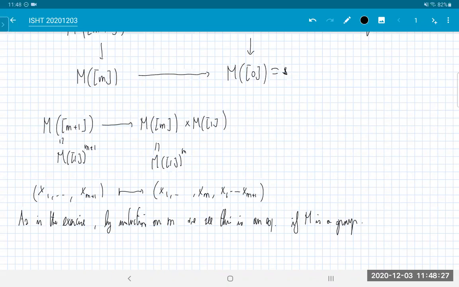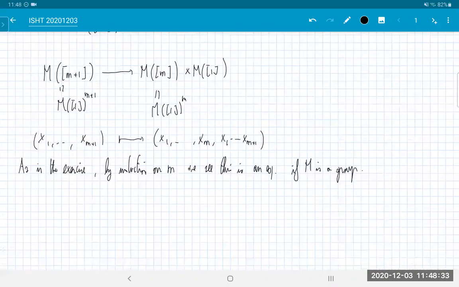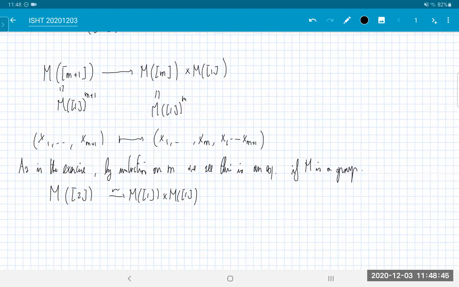Because you go by induction and you show that the multiplying, in the end, you can reduce to the case when m is 1. So it's enough to show that this map is an equivalence. And this finishes the proof of this part.